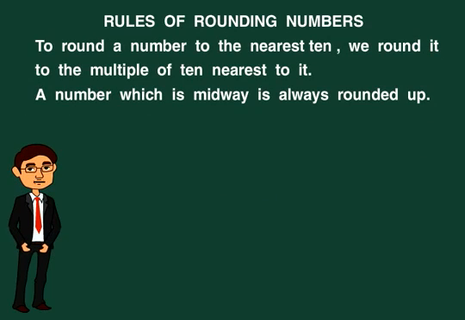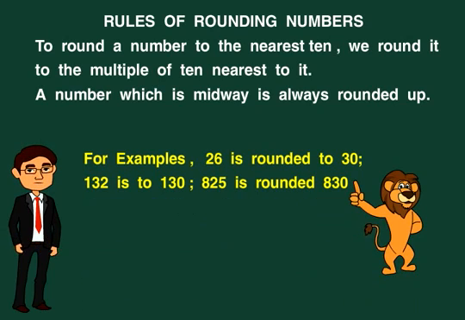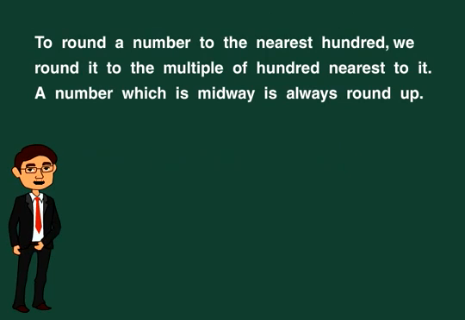Rules of rounding numbers. To round a number to the nearest 10, we round it to the multiple of 10 nearest to it. For example, 26 is rounded to 30, 132 to 130, 825 to 830. To round a number to the nearest 100, we round it to the multiple of 100 nearest to it.